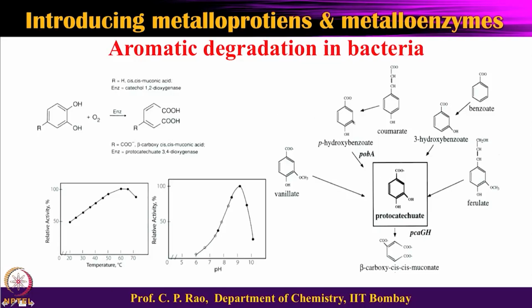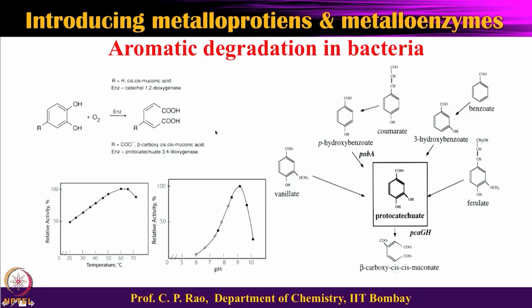So, now you understand the aromatic degradation. Aromatic impurities are very common in water, very common in the industries where the dyes and drugs are synthesized, and therefore the water is contaminated. So, one can use this even for degradation of the organic substrates.